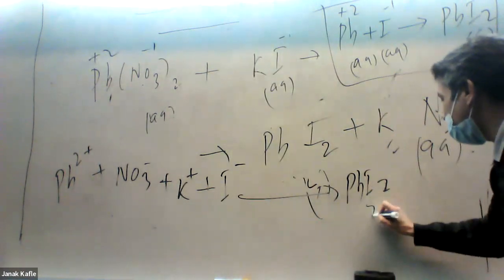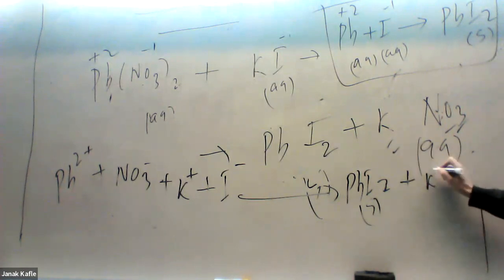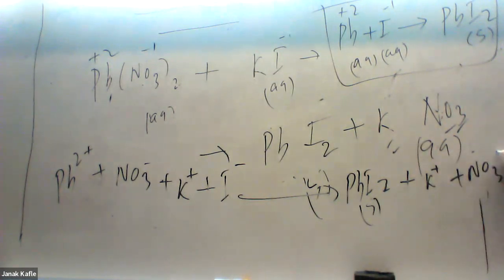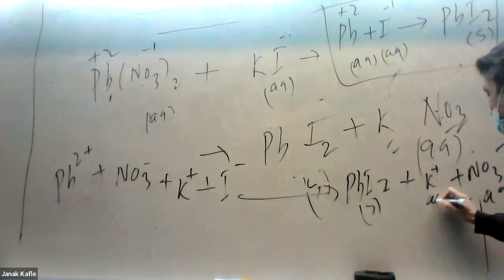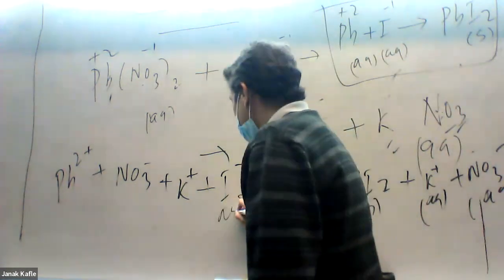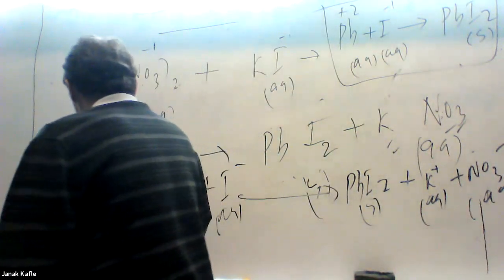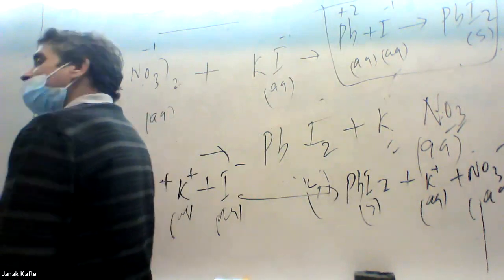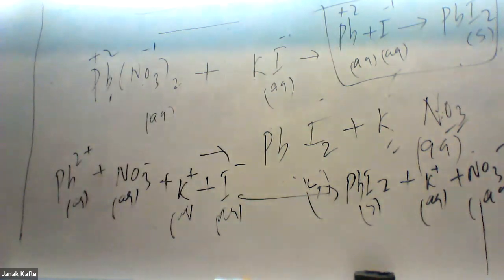So we cannot break this one, and you write the K plus and NO3 minus. So this is aq, and all of these are aq. Everybody got that? So that's a total ionic equation.